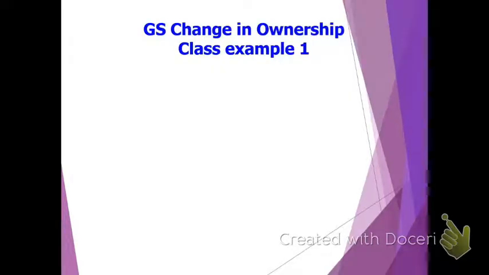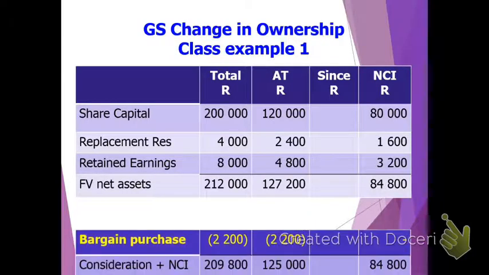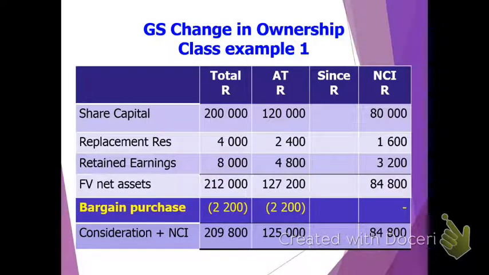To recap, we are now calculating the reserves at acquisition and since acquisition up to the date of this transaction. So firstly, you're calculating your gain on bargain purchase at acquisition. You've got those figures there.